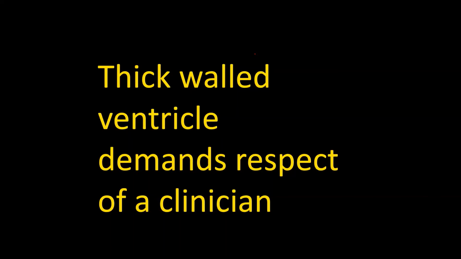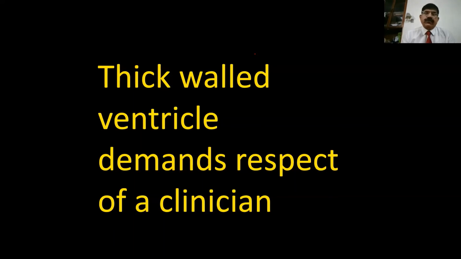Dr. Om Prakash wants to know, what is the role of the Valsalva maneuver for differentiating between obstructive and non-obstructive hypertrophic cardiomyopathy? Valsalva is one of the maneuvers to provoke a gradient. The others can be amyl nitrate, standing position, a little bit of exercise. There are multiple ways you can provoke a gradient.